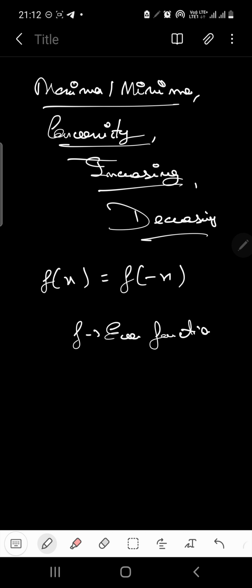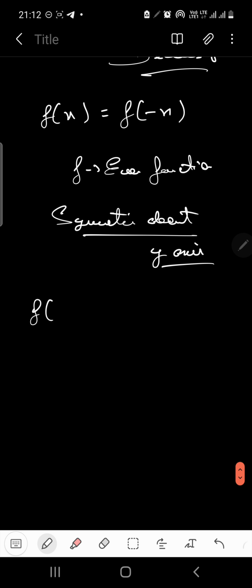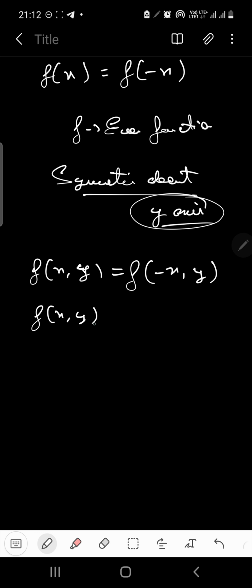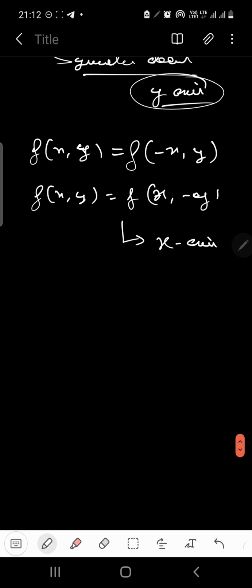If f is an even function, then it is symmetric about the y-axis. If you are given a function depending on the variables x and y, and f of x, y equals f of minus x, y, then this curve will be symmetric about the y-axis. If f of x, y is equal to f of x, minus y, then it will be symmetric about the x-axis. Got it?